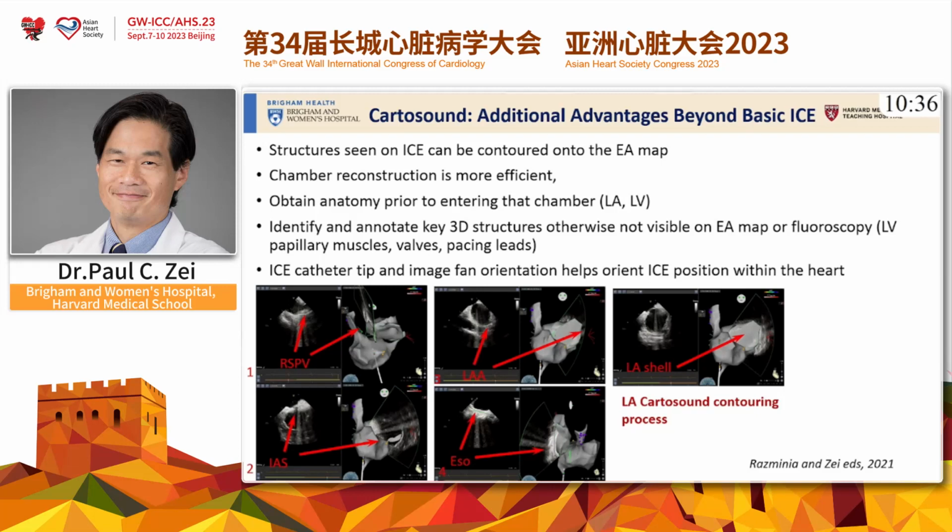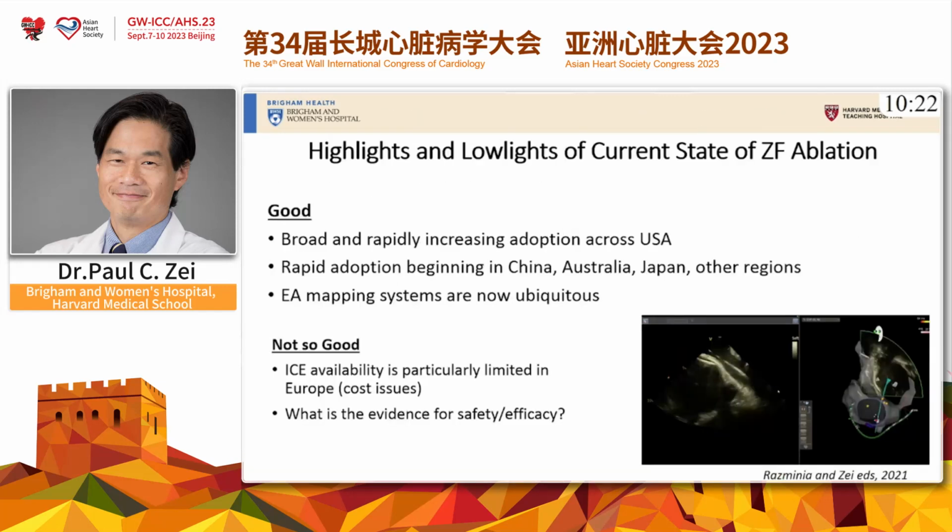Once you're in the left atrium and beyond, you can utilize all the different features of ICE and the mapping system. This is just an example of using CARTOSOUND, which many in the audience use for structural delineation and such.